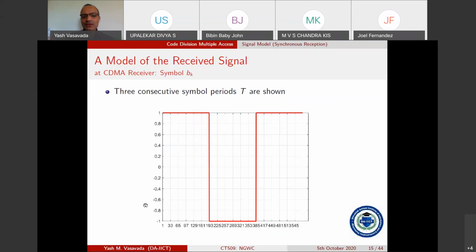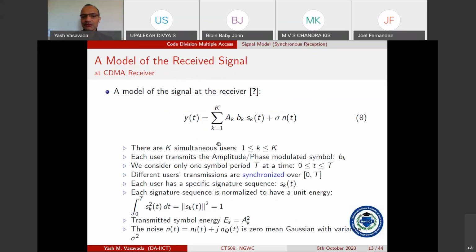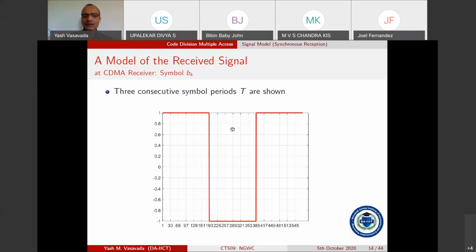So this, what I'm showing, is not really B of k, but instead of that, what should be the title of the y-axis? The y-axis is not just B of k, because B of k has to have unit energy. But instead of that, it is A of k times B of k. Right? So that is one other clarification that I think you should keep in mind.